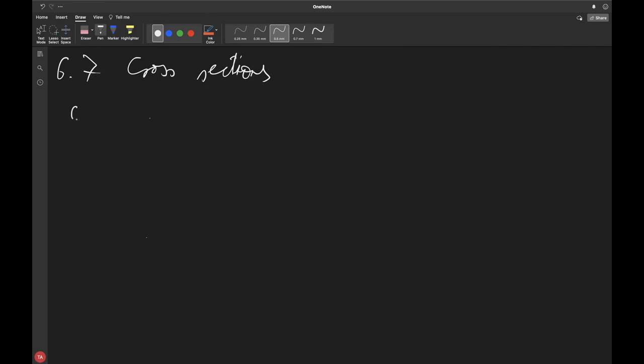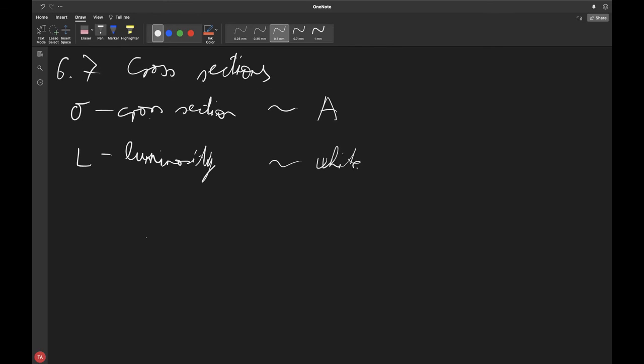So we call sigma the cross-section, and L is the luminosity. So this is the analogy with the area, and this is the analogy with the white and black spots in this example I mentioned earlier.